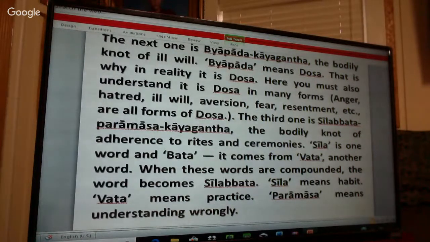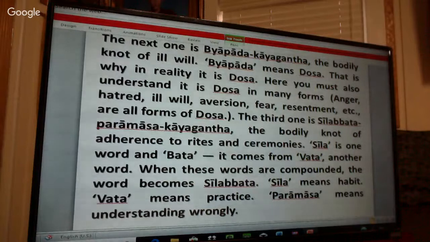Very funny. The approach to the fortune teller, like this. This is also a habit, isn't it? It's a wrong view. So when a fortune teller tells something, they believe too much.